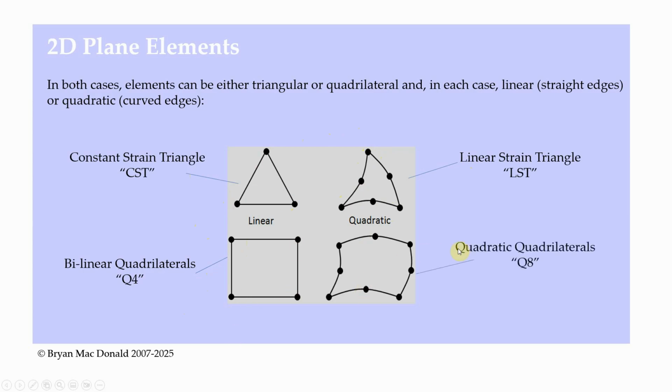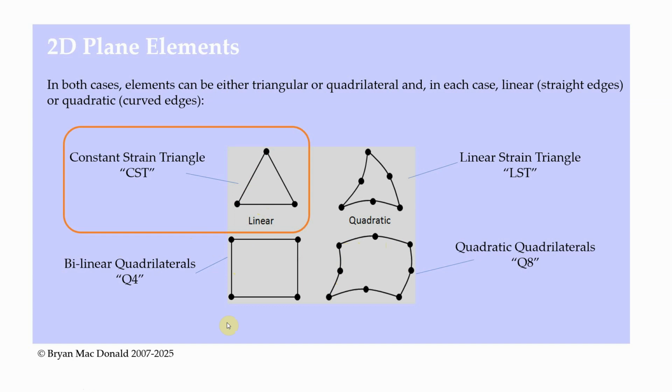And finally, we can have quadratic quadrilaterals, or Q8 elements, which have 8 nodes and curved edges in between those nodes. As I said, this video is focused on the constant strain triangle, which is the simplest of the 2D elements. We have 3 nodes and straight edges in between those 3 nodes.